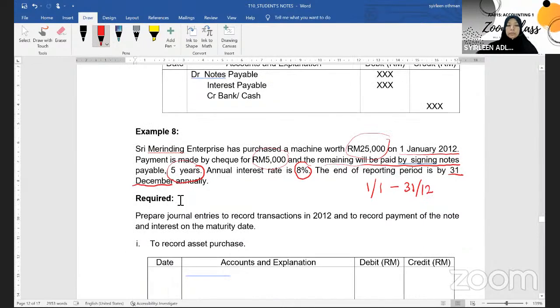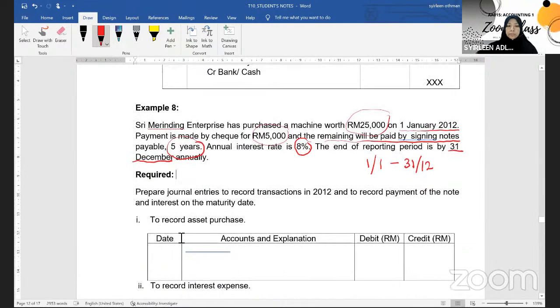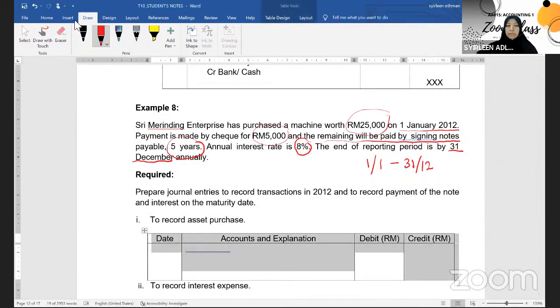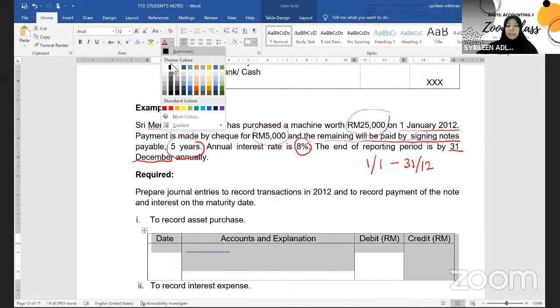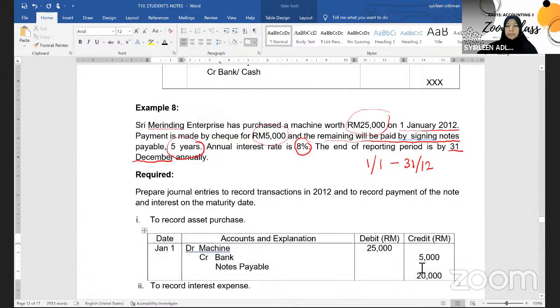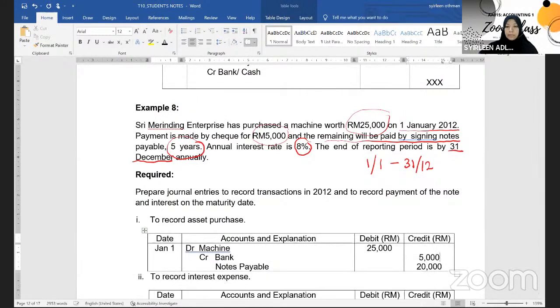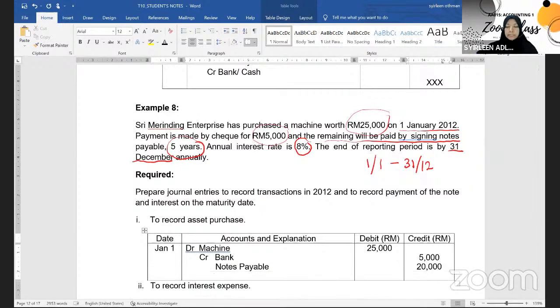The first thing that you need to do is to record the purchase of the asset. Macam kita baca tadi dalam soalan, you bought a machine with a price of 25,000 ringgit, but you are only paying 5,000 using your check. You have a remaining balance of 20,000 that is converted into notes payable.